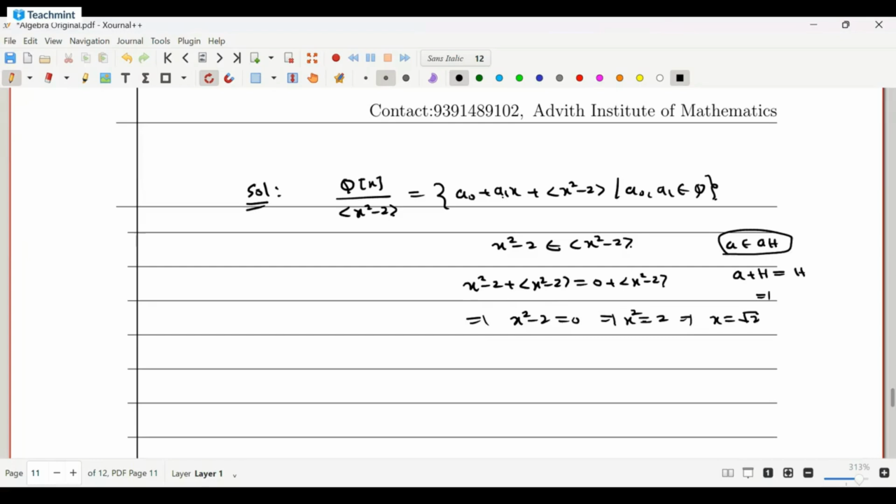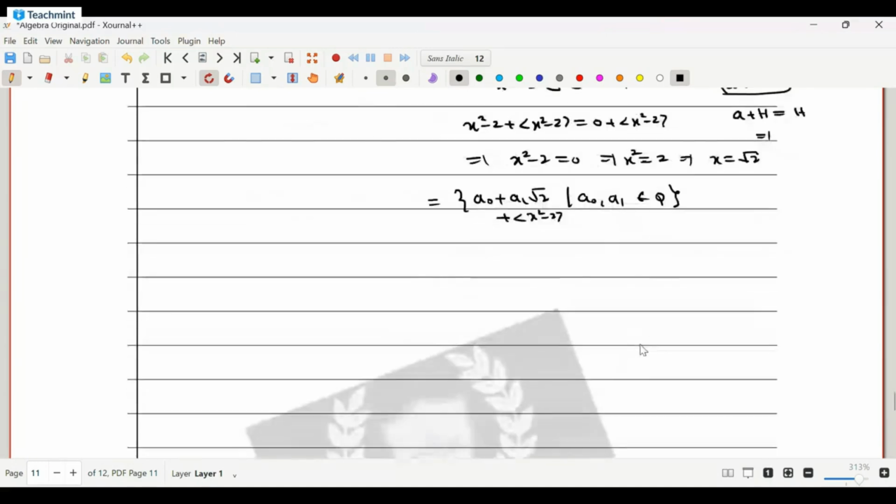So if a0, a1 are rational numbers, plus this and minus this are both the same. So substitute x is equal to root 2 in this, then you will get a0 plus a1 into root 2, such that a0, a1 plus the ideal generated by f of x, where f of x equals x square minus 2, where a0, a1 belong to Q. So therefore this quotient ring depends on this one, right?